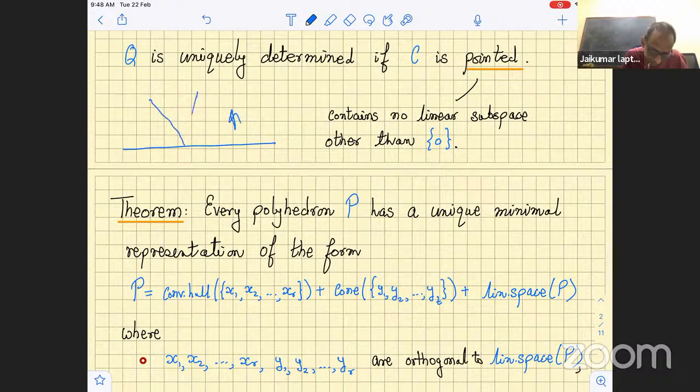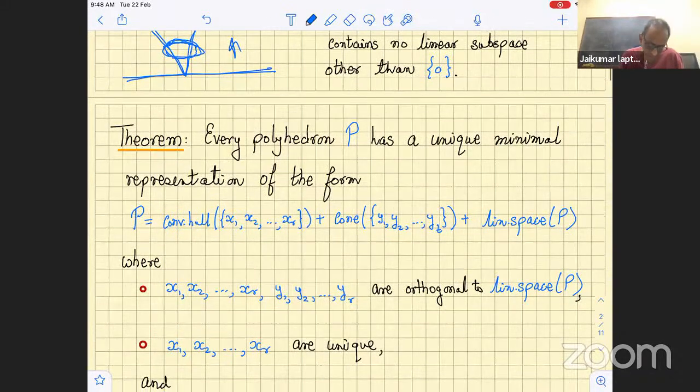In this direction, you look for a cone and you look for a polytope here. It should be minimal with this property. Then the linear space, this polytope, and this cone together will describe your original polyhedron.